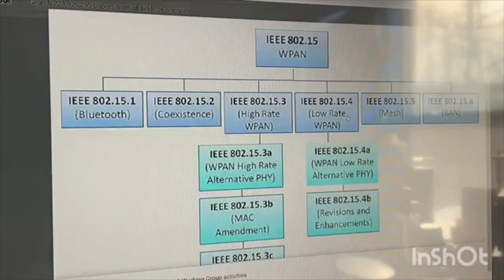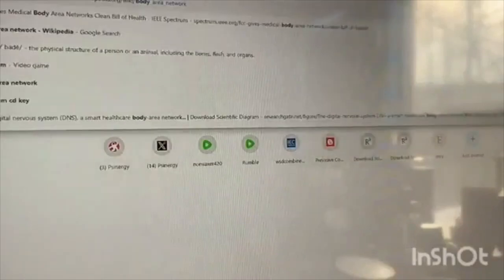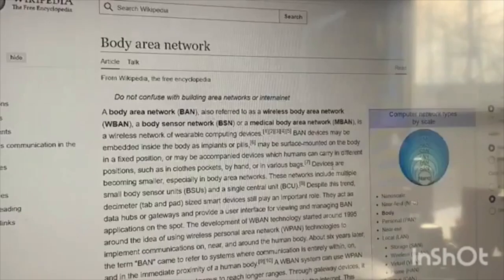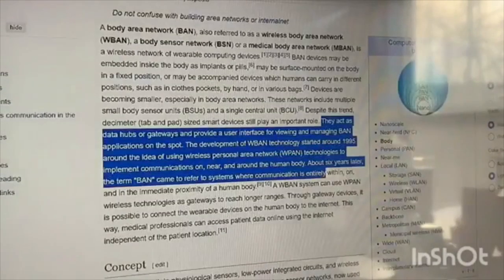Already present, well, of course, truly. The intra-body area networking has been worked on with the wireless personal area network since the 90s. Search body area network on Wikipedia so that you can find the keywords to search wherever you care to.